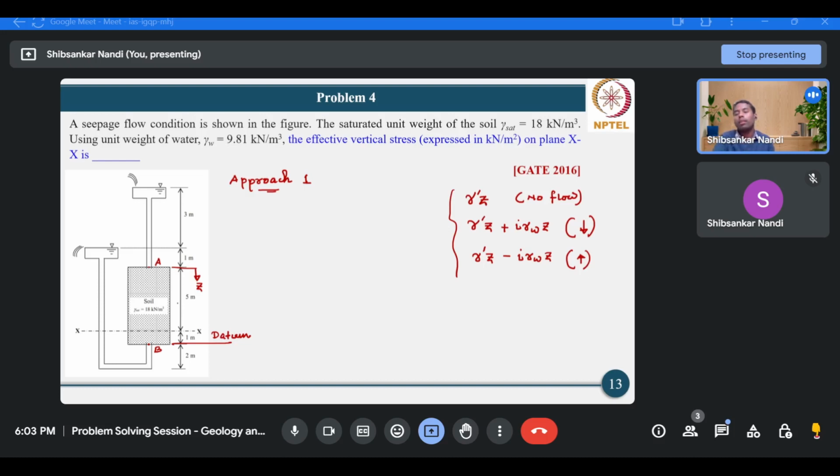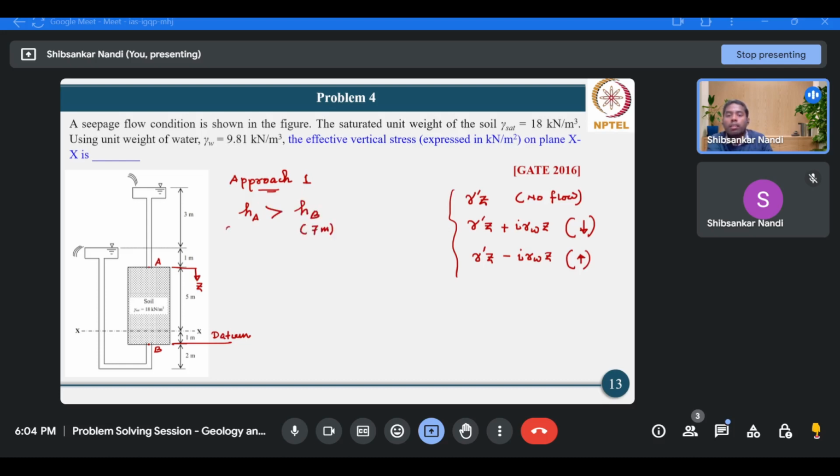So it's lower than the total head at point A. We have identified the total head at point A and at point B, and as you can see, the total head at point A, which is 10 meter, is greater than the total head at point B, which is 7 meter.